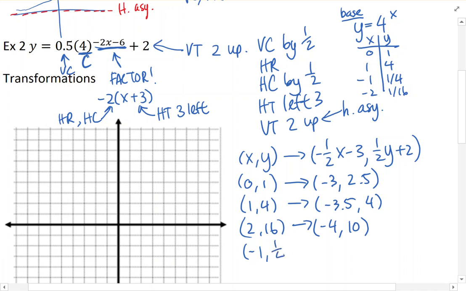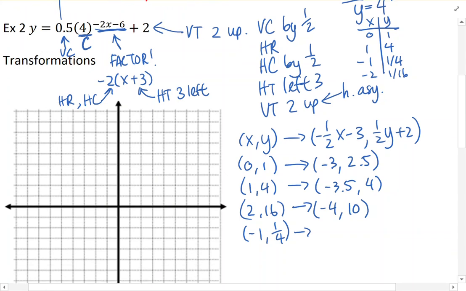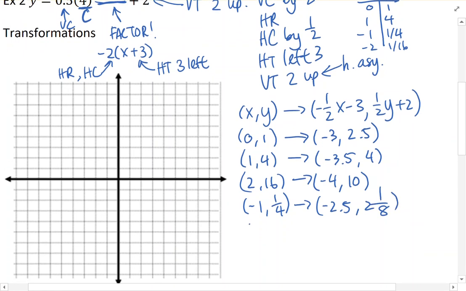Negative 1, 1 over 4 is going to be (negative 2.5, 2 and 1 over 8). And we have negative 2, 1 over 16, which will be (negative 2, 2 and 1 over 32).